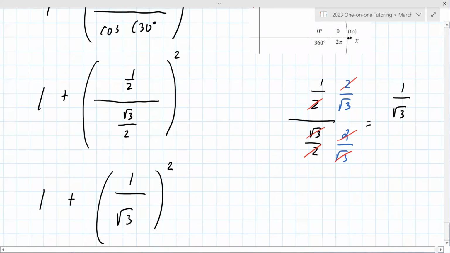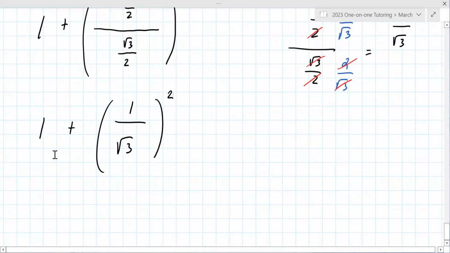How do you reduce something like this? You've done something like this earlier today. How would you tackle something like this? Square 1 and root of 3. And what is the square root of 3 squared? What does that become?